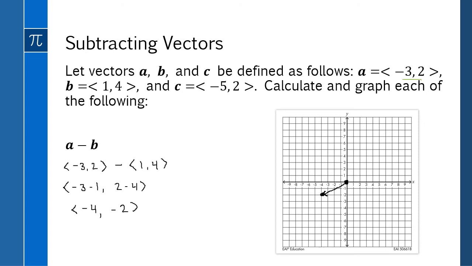So vector a is at negative 3, 2. So going to the left 3 and up 2. That is vector a. Vector b is given by 1, 4. So to the right 1 and up 4.